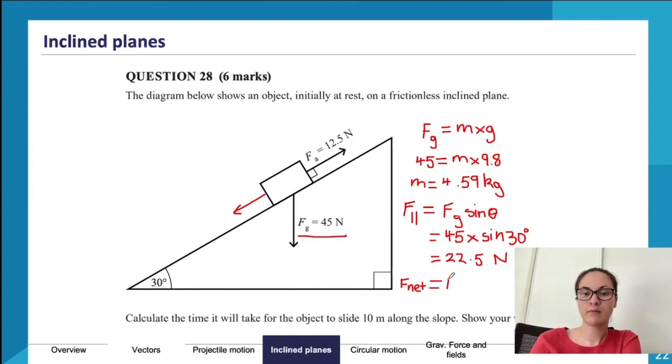It says frictionless, so it's going to be FA. So we've got 22.5, sorry, not 25, minus 12.5. And that's going to be equal to 10 newtons.